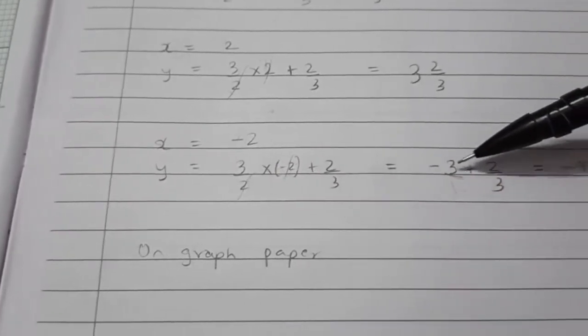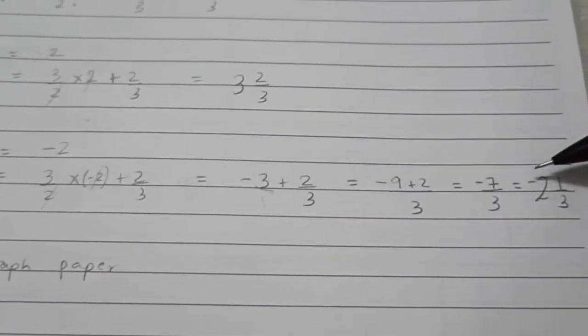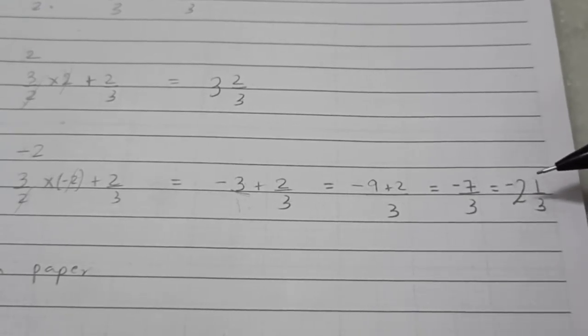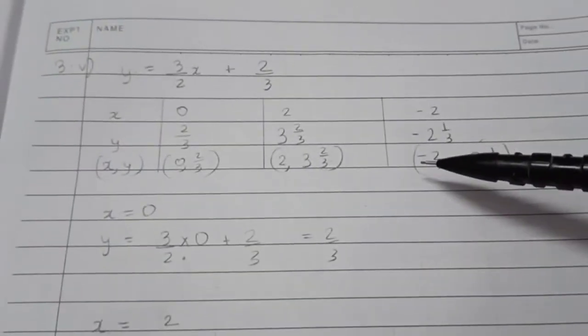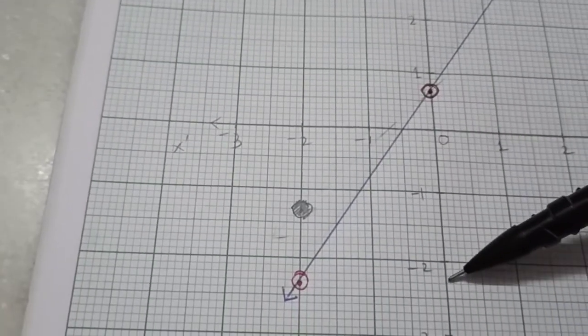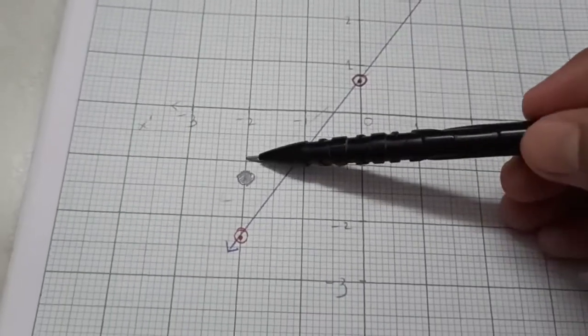Here you'll have to do LCM and solve it, and you'll get the answer as minus 2 1 upon 3 or minus 2.33. Minus 2.33 is what I have to plot as a y coordinate. So minus 2 comma minus 2.33, so minus 2 from the x-axis and minus 2.33 from the y-axis, and that's the point. Ignore this one.